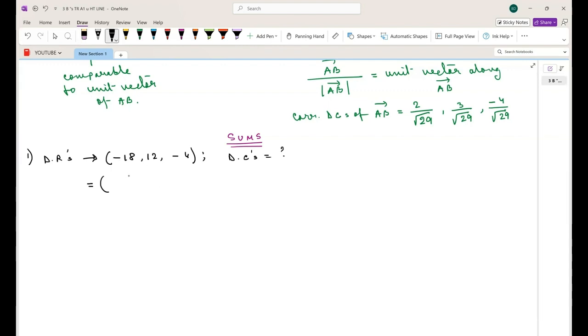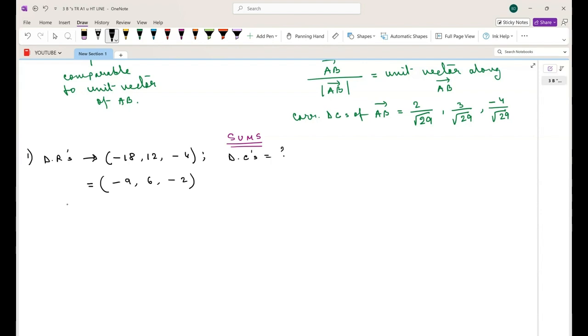Common factor among them is 2, so dividing by 2: minus 9, 6, and minus 2. Because remember the definition of direction ratios, they are proportional to the DCs. So if minus 18, 12, minus 4 are proportional to the DCs, so are minus 9, 6, minus 2. You can always cancel out the common factor. So always we first reduce the DRs to the minimum values. So these are the DRs.